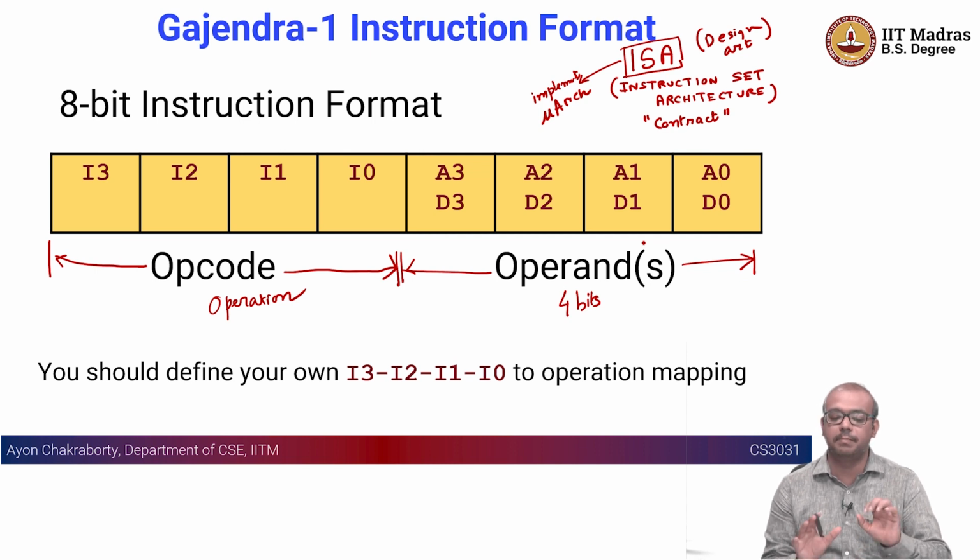You have some bits dedicated for the opcode, you have some bits dedicated to the operand, and you have to read the instruction nomenclature in a certain way, and the hardware circuit, particularly something called an instruction decoder, is going to be able to make sense out of it. So the hardware at the end of the day is going to make sense out of these 8 bits. That's the work of the hardware.